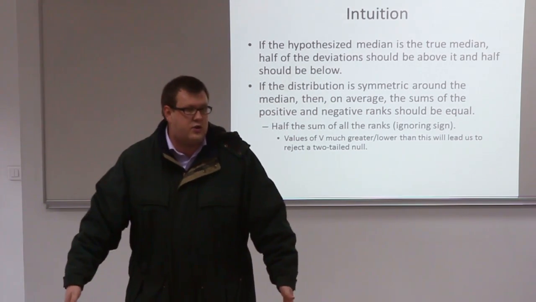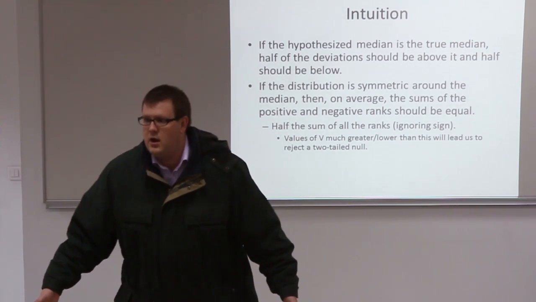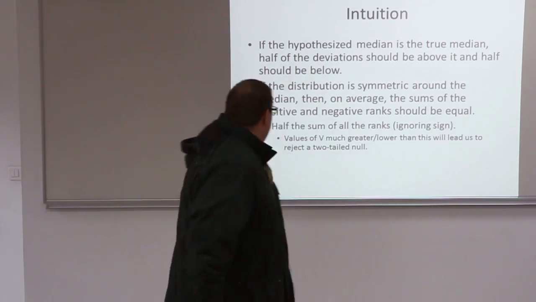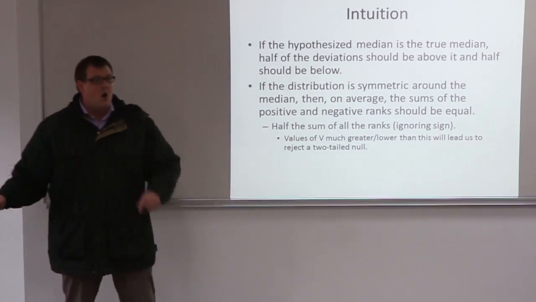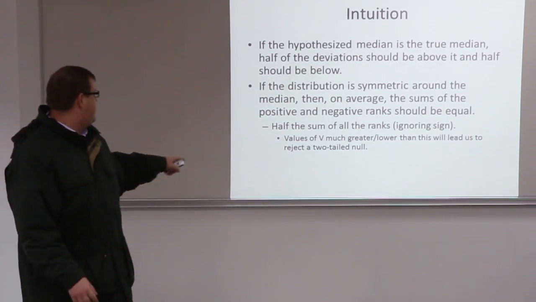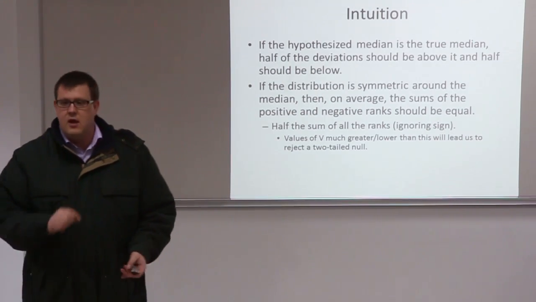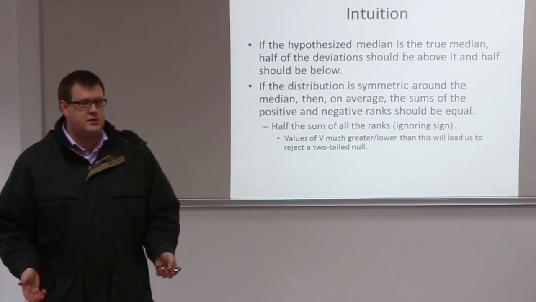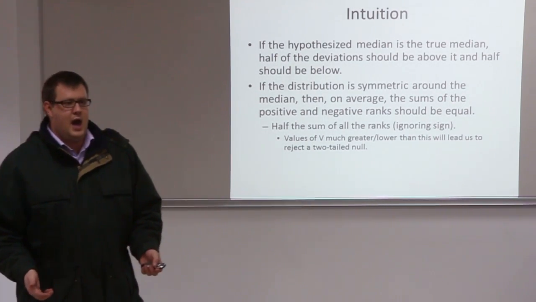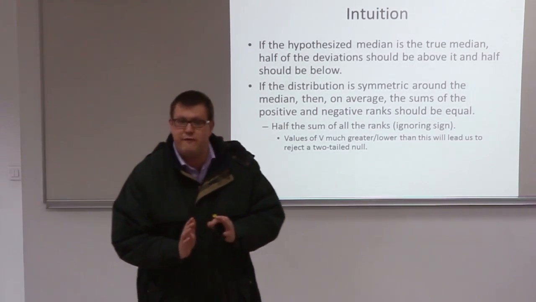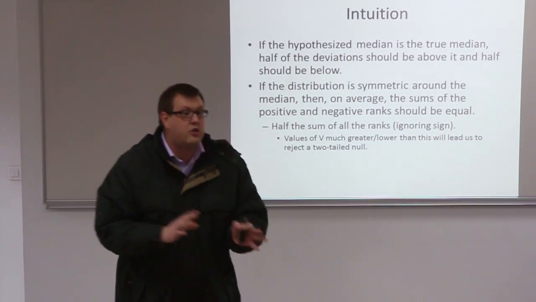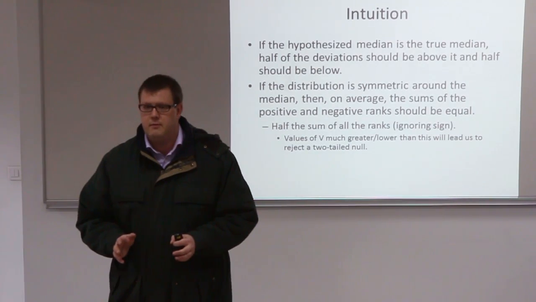We can calculate the total sum of the ranks. So values of V that are much greater or lower than this will lead us to reject a two-tailed null hypothesis. If we had a directional hypothesis, we would only reject if it is extreme in the right direction.